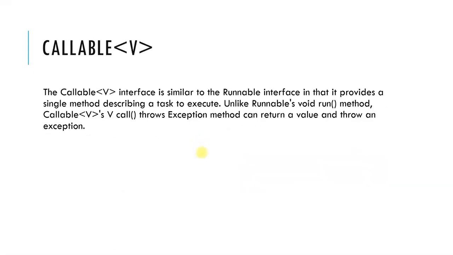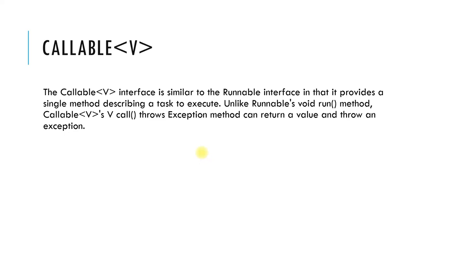In the new Executor framework, we use the Callable interface along with the Runnable interface. The Callable interface is similar to the Runnable interface, but it can return some value. Callable is a generic interface; its type parameter specifies what kind of data will be returned from the call method.